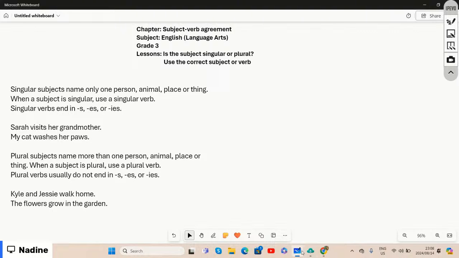And when it comes to singular verbs, singular verbs end in s, es, or ies.